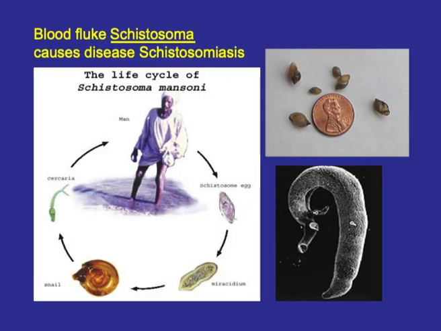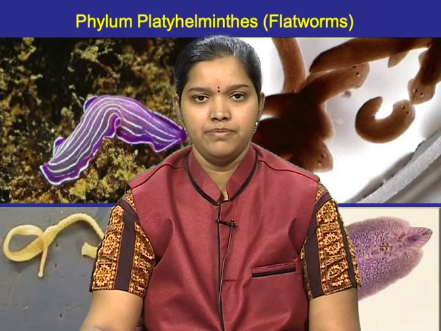The other disease which is very common is blood fluke disease. This blood fluke is Schistosoma, and it causes schistosomiasis. Here, from an infected human being, through feces the eggs enter the water.